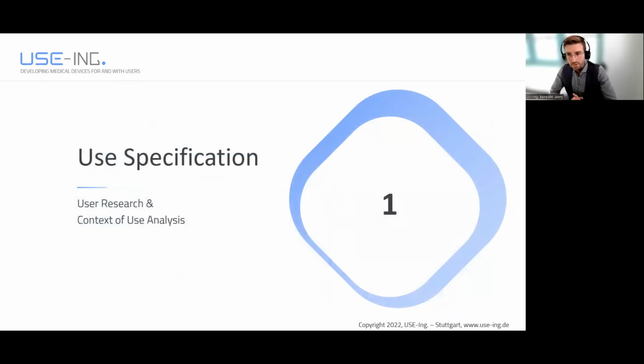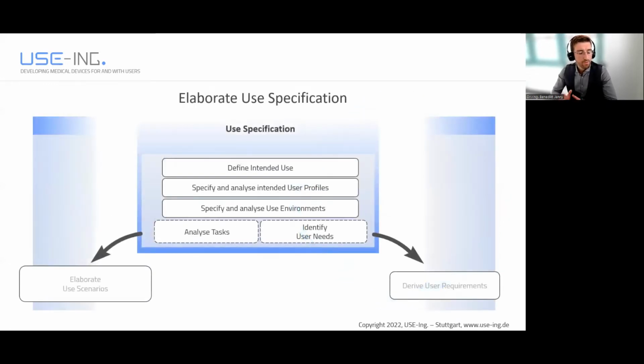So let's start with the use specification, which may always be the starting point of your usability activity and human factors activity. If we want to get the information that is needed in the use specification, we may start with the intended use.